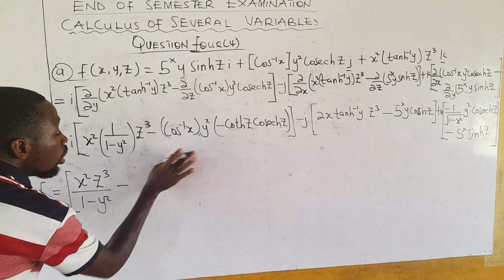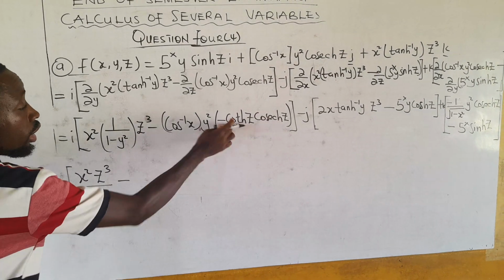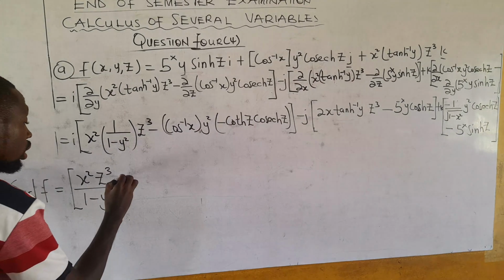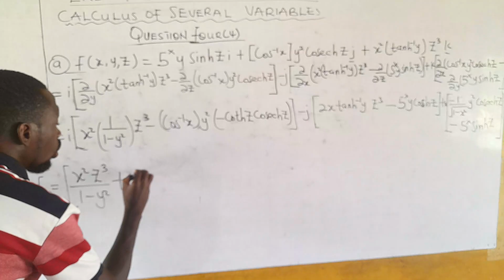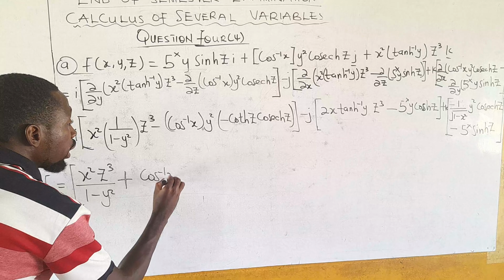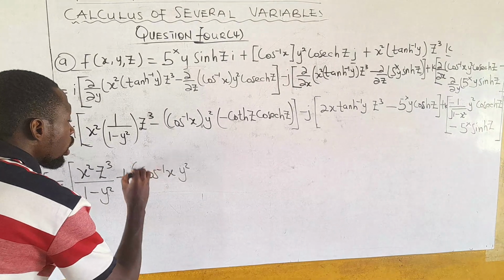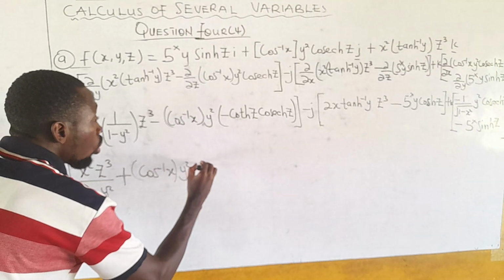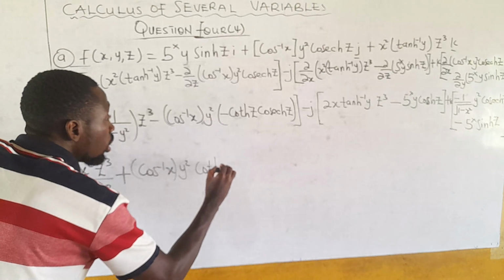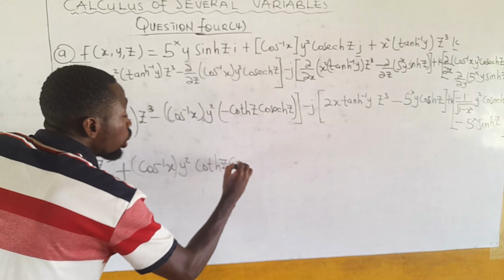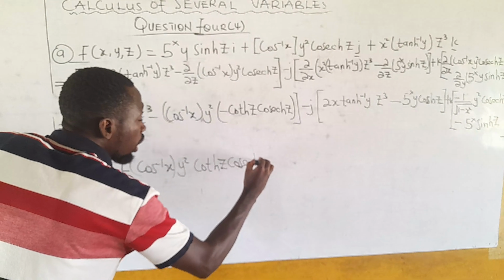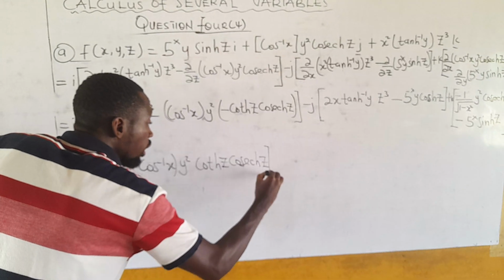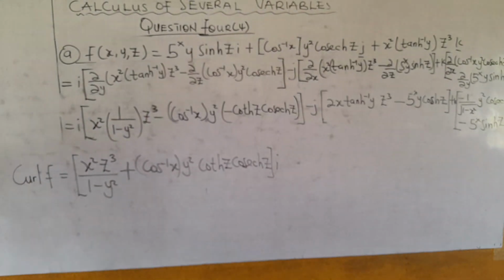Okay, so this negative times this negative will be positive. So we have plus cos inverse of x y squared cosh z cosec z. I hope you get that. And all this is in the i direction.